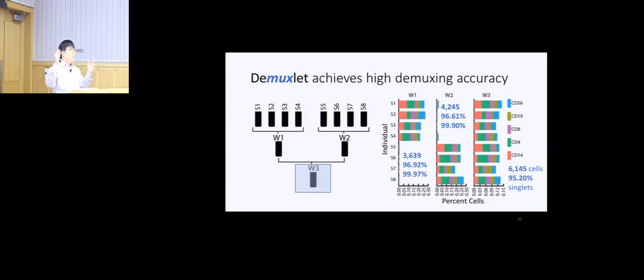I thought that simple EM would work, but it doesn't work as well because there are a lot more parameters you need to estimate. It doesn't converge well, so we're working on that problem very actively. And I believe that using the genetic markers and the expression level together should be the best way to more accurately deconvolute the sample identity as well as the cell types.